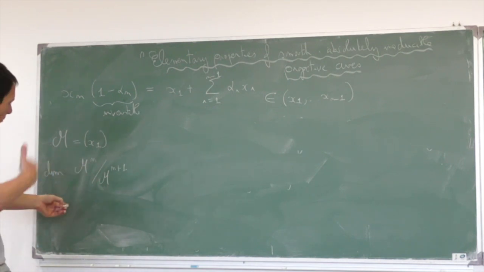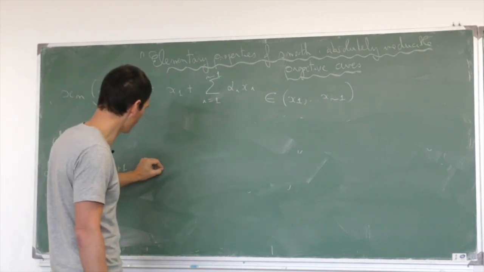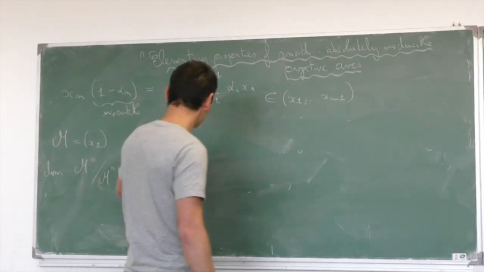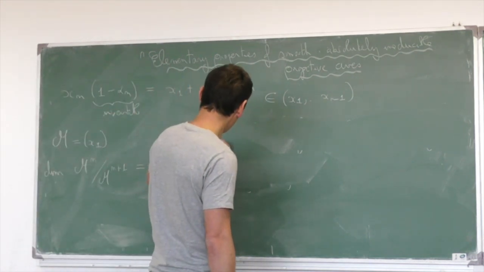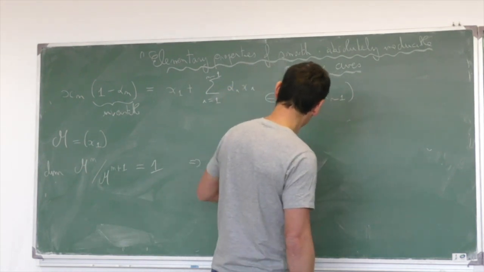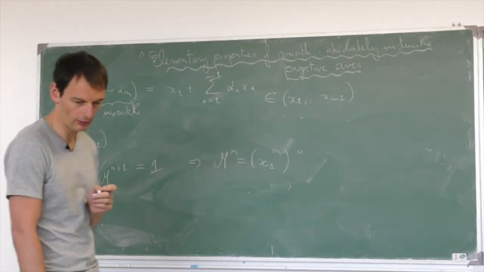For the same reason, you do a recursion, and you get that the dimension of these spaces is also 1. And because it is also 1, you can apply the same proof as you had over there to show that M^n is generated by x1^n simply.